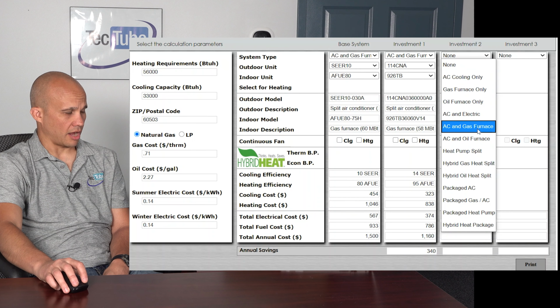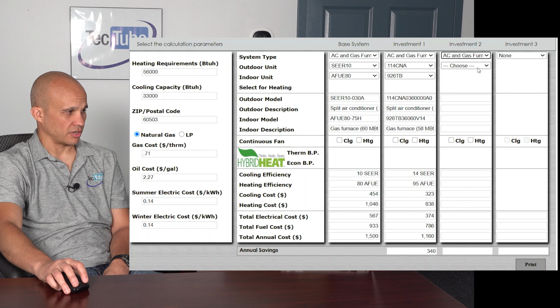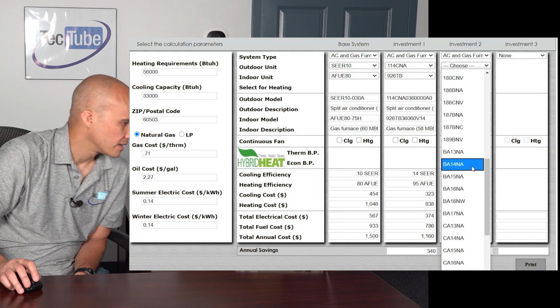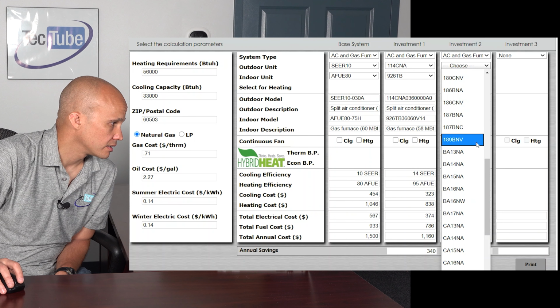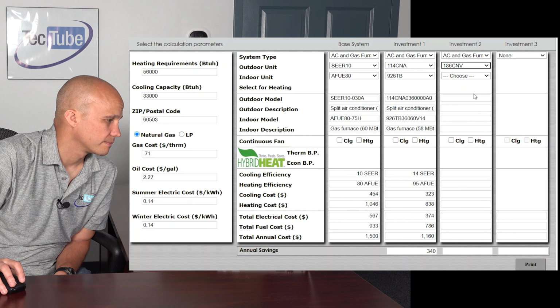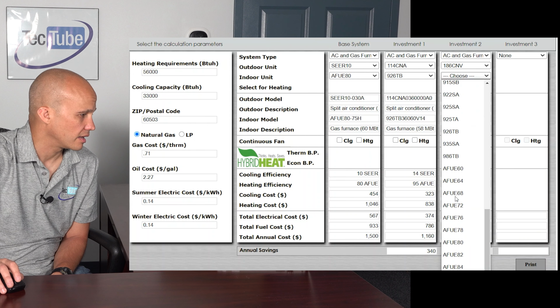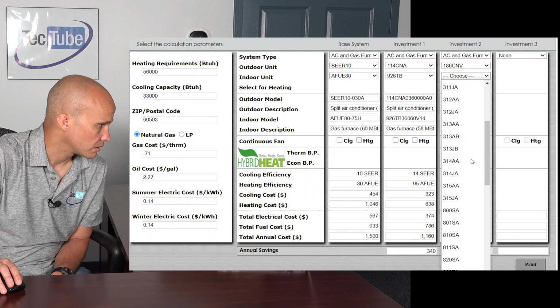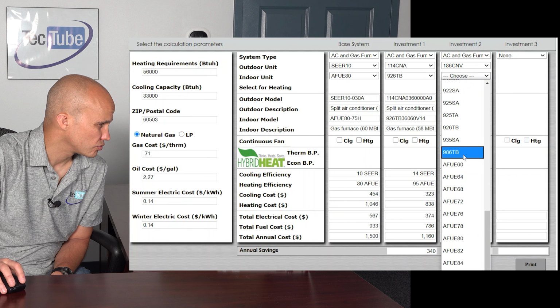So let's say I also want to offer them an AC and gas furnace that's got a pretty top of the line system. Let's do the 186 CNV, and I'll put that with a 987. I've got a 986 Infinity.